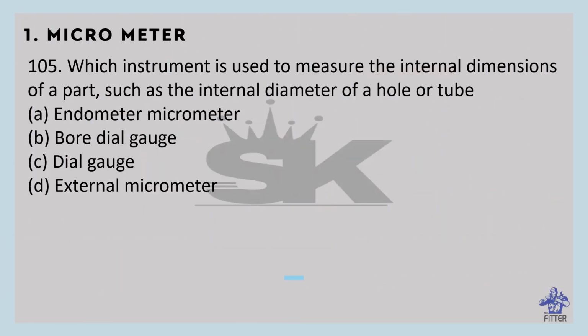Which instrument is used to measure the internal dimension of a part, such as internal diameter of a hole? See here, they're mentioning internal, right? So endo means internal, right? Endometer micrometer is the right answer here. Okay, hole or a tube.